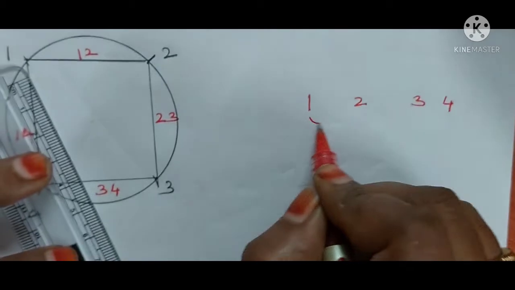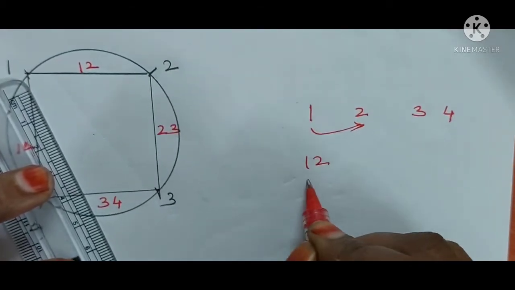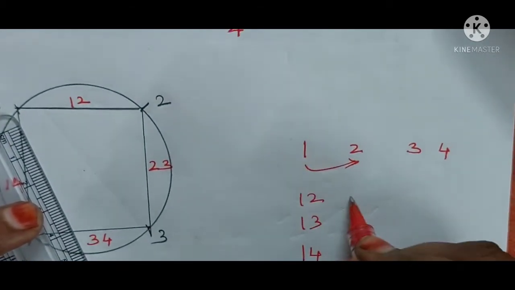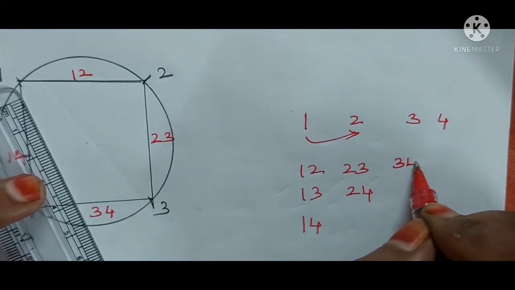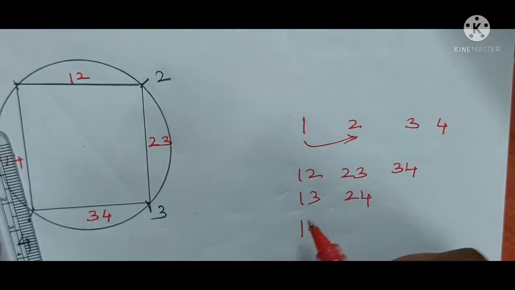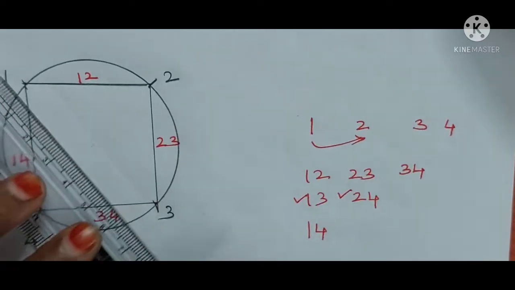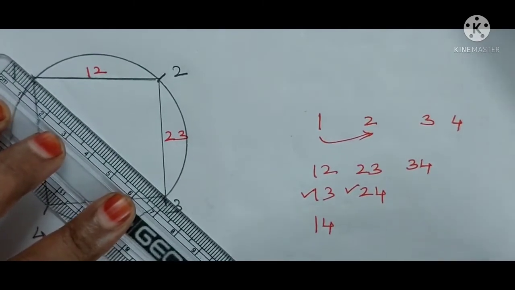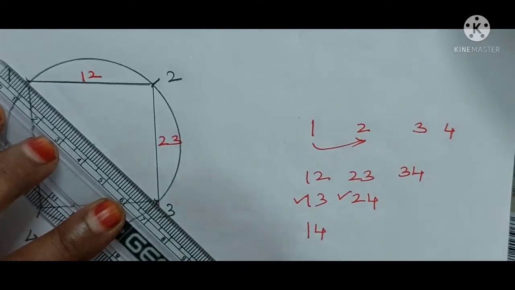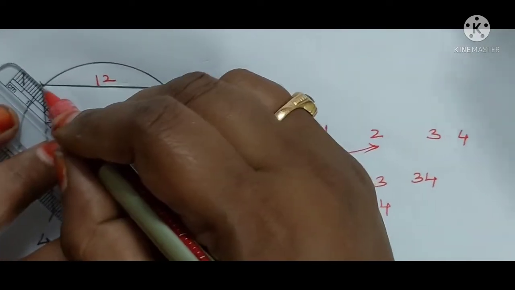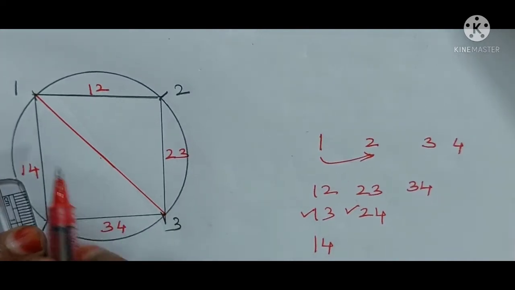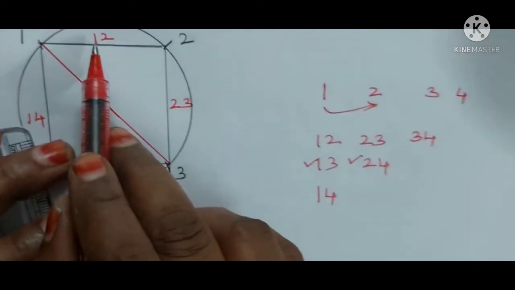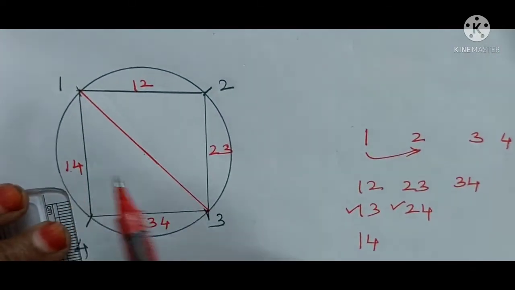The centers are 1 2, 1 3, 1 4, 2 3, 2 4, then 3 4. In this, 1 3 and 2 4 are not yet determined. Joining this line for 1 3, we can get 1 3 with the help of 1 2 and 2 3, and 1 4 and 3 4.